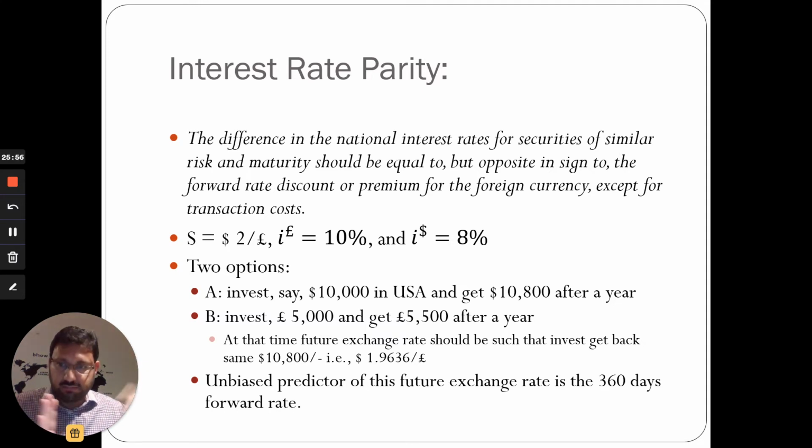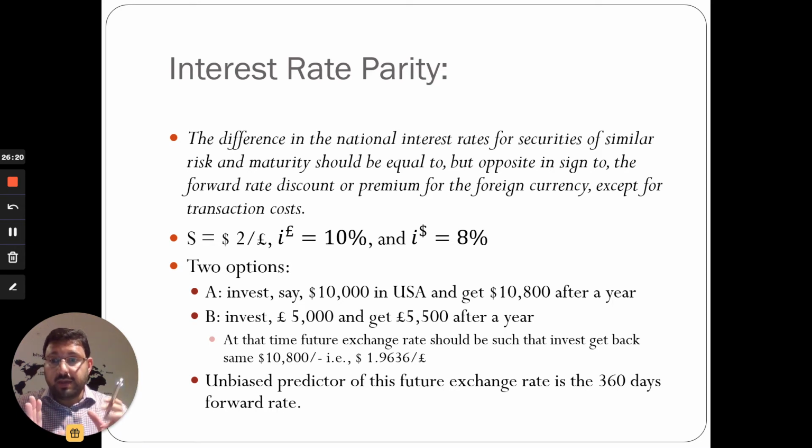So after a year, there is a complete 1 year, right? And the investor will not take a risk on what the exchange rate would be after a year. So he wants to book his conversion back today based on the forward rate. So this will actually be a 1 year forward rate, 1.9636.